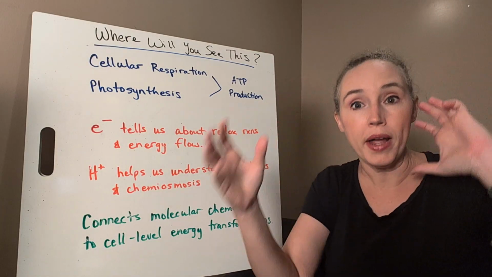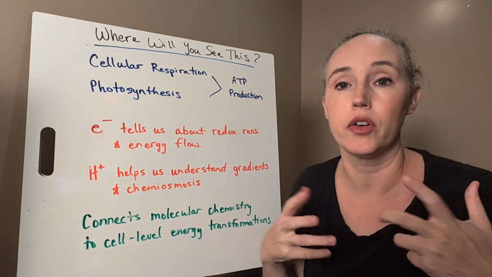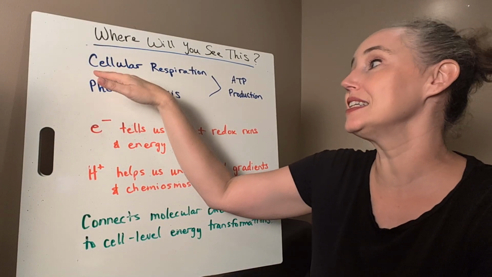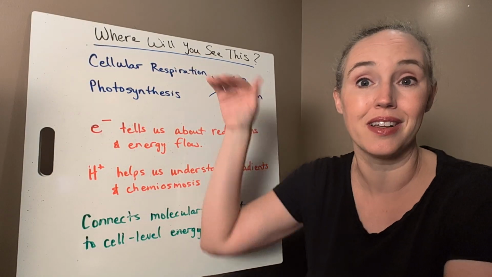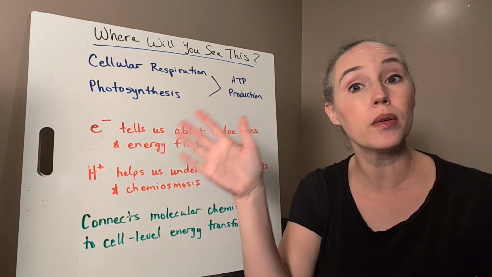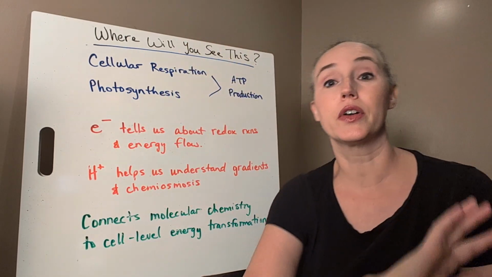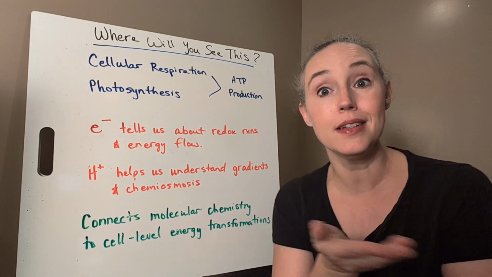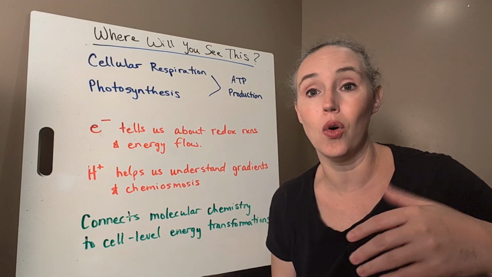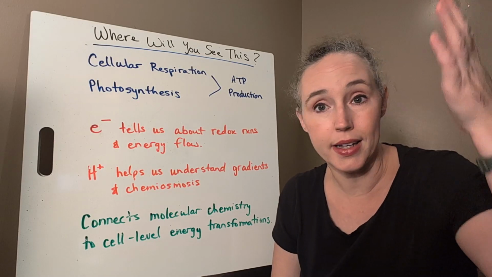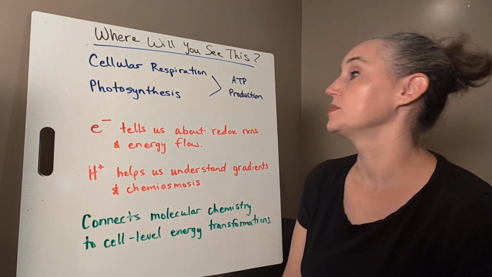So where am I going to see this throughout the year in AP Biology? Well, like I said earlier, you're going to see this in cellular respiration, because the whole point of cellular respiration is to take one molecule of glucose and turn it into way more ATP. So to make ATP, you need ATP synthase, and that whole electron transport chain, proton gradient, ATP synthase situation.